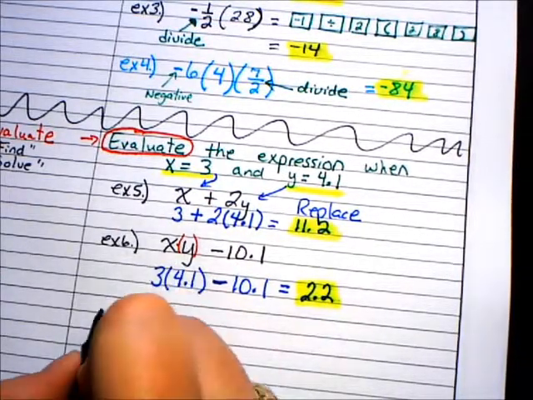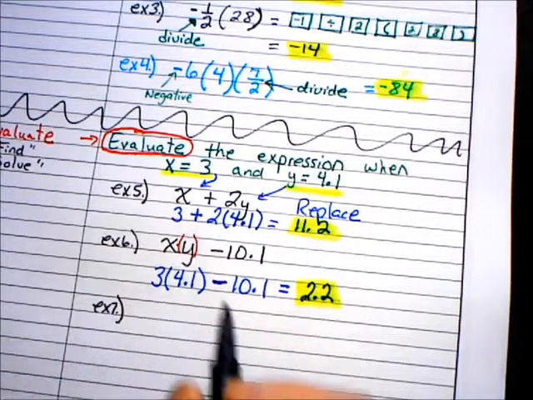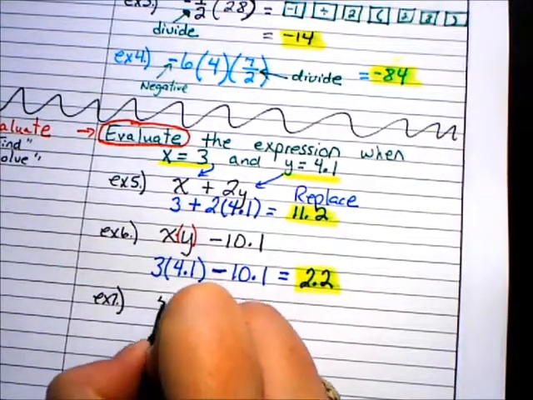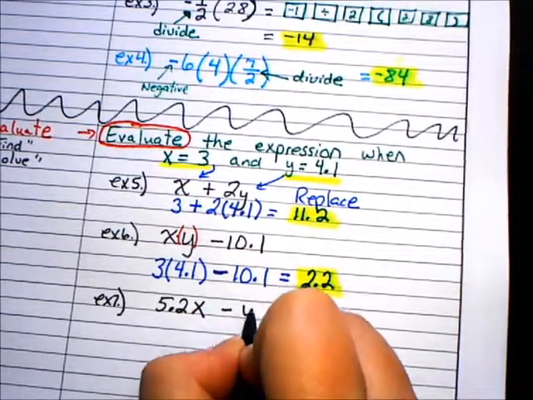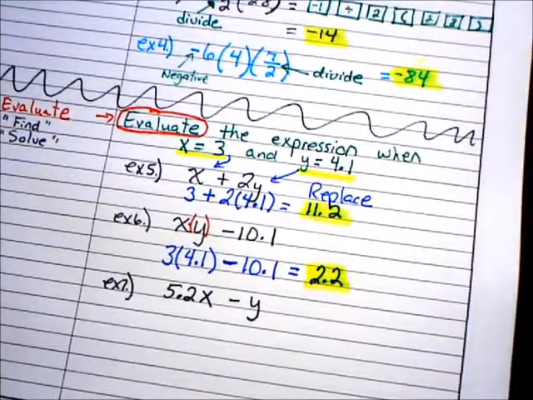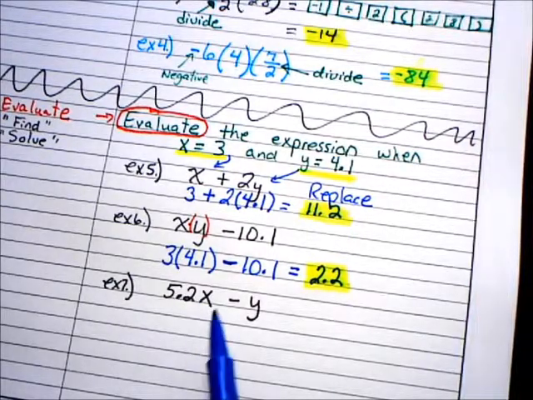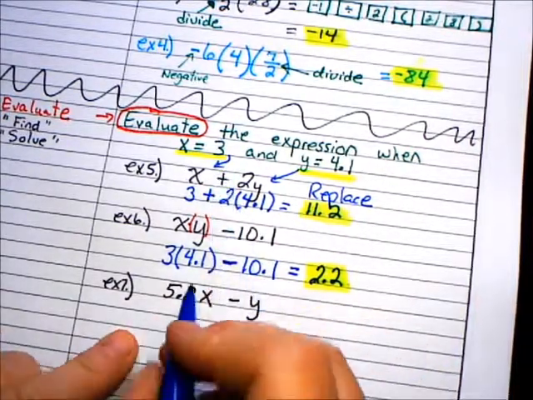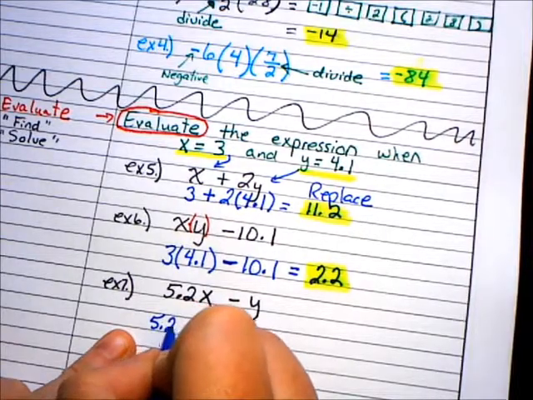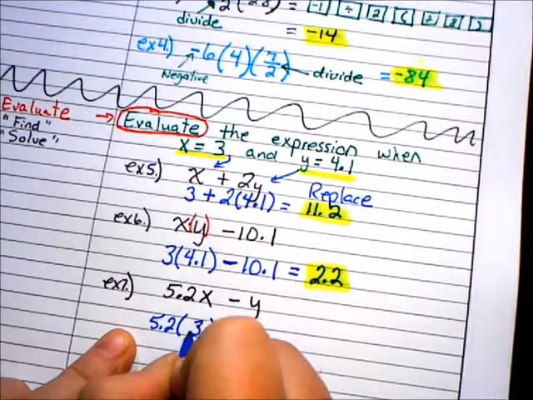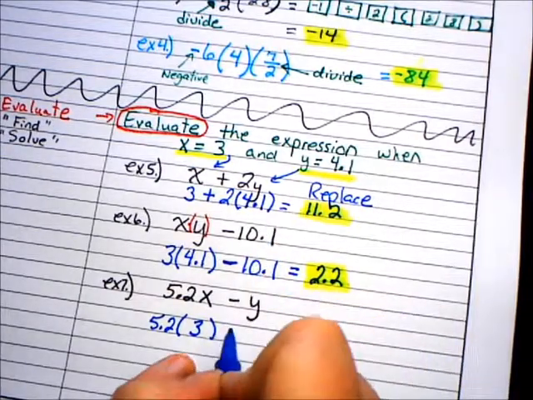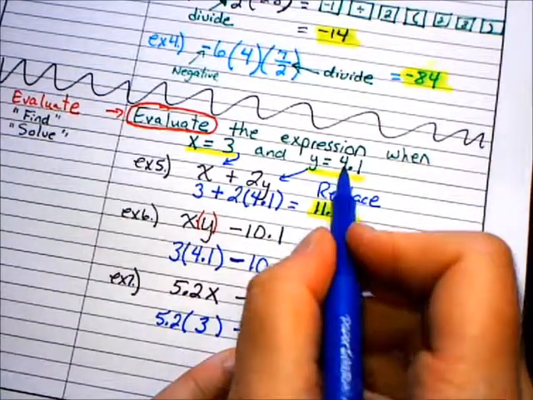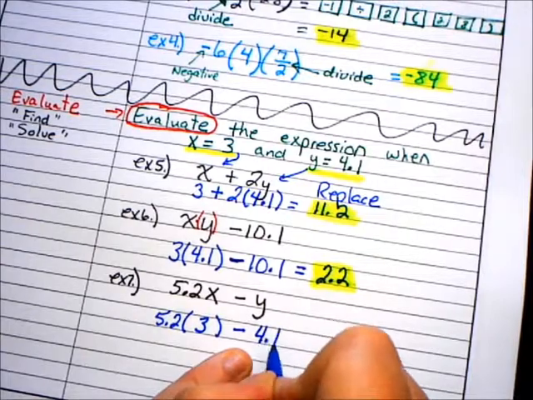Alright, last example, number 7. This has a 5.2x minus y. So I'm going to take the x value, that was a 3, and do 5.2 parentheses 3. I'm just always going to put what I replace in parentheses, minus the y, which is 4.1.